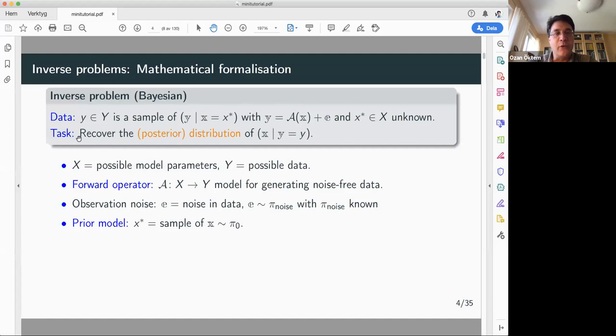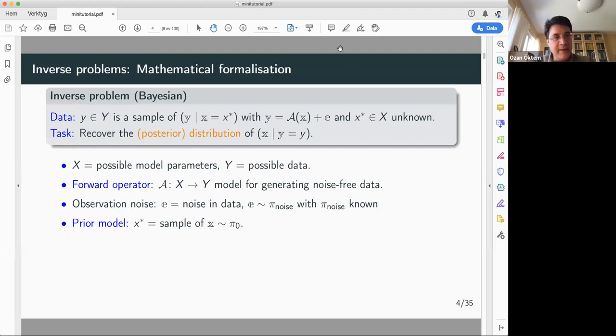Of course, we now rephrase the task. We are no longer looking for a solution; we are looking for the probability distribution of solutions conditioned on your measured data. The A operator is still there, and the read-out noise is still there. The only difference is that the randomness is not only in the data part, it also enters into the model parameter space.